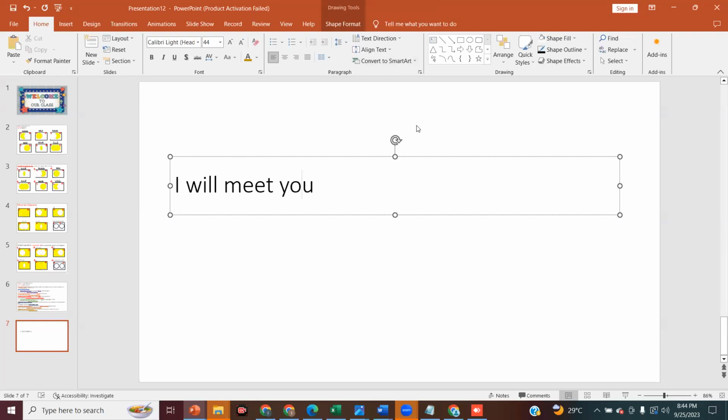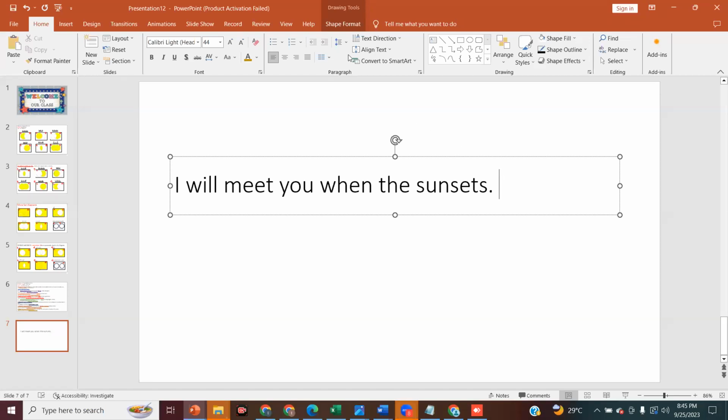I will meet you when the sun sets. All right, I will meet you when the sun sets. What type of adverbial clause is that? Is that an adverbial clause of time, place, manner, reason, condition?